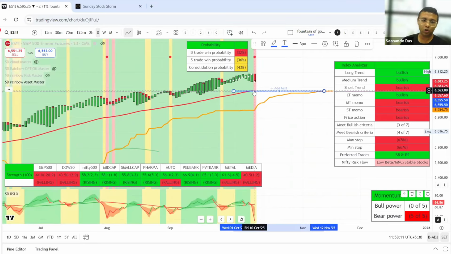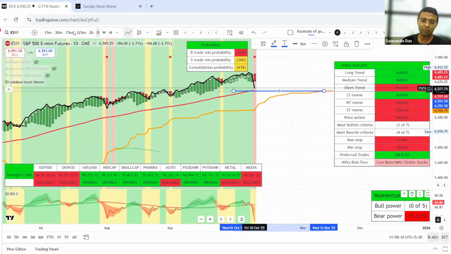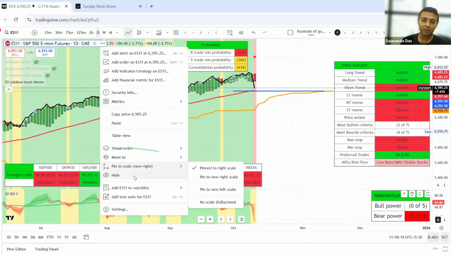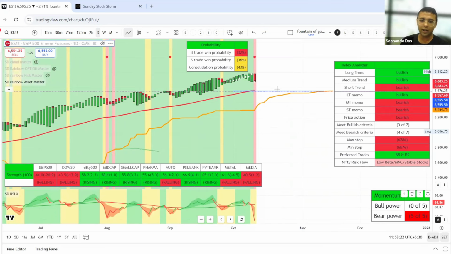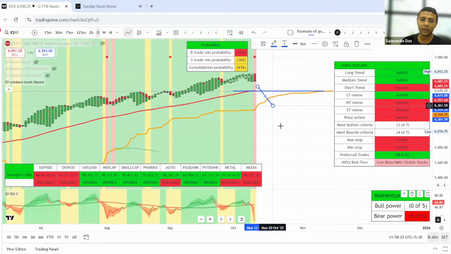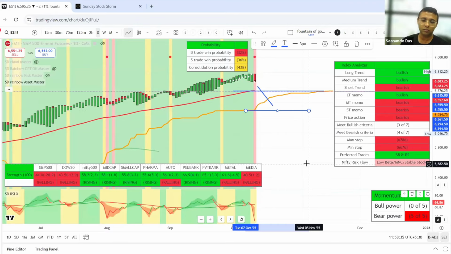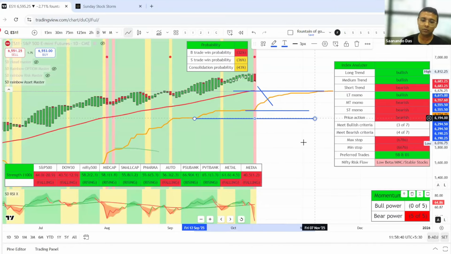That means the market will stop around this area where it is exactly at, and sellers on the other hand will try to break down from this area to make the sell-off bigger. Once it breaks down from this area, then this will act as a support. After that, this will act as a support. Once these supports get cleared, only then will we see a heavy sell-off in US equity.